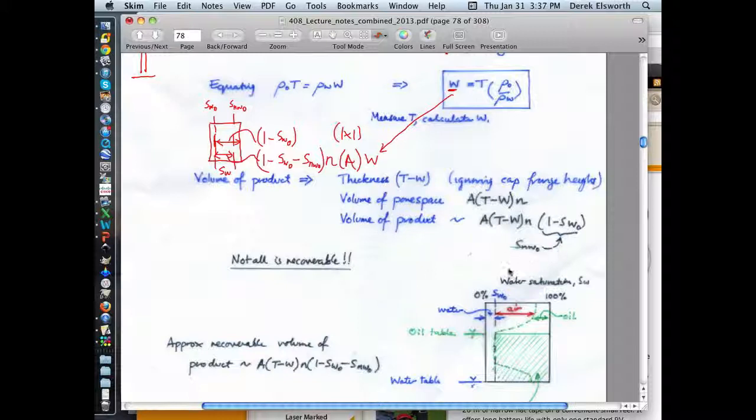And so hopefully that's right. 1 minus the irreducible saturation of water. Yeah, that's the volume of product. But of course, the part that you can't get out is this here. So basically the amount of free product you get per area of the aquifer is going to be this. And so now you know how to do that.